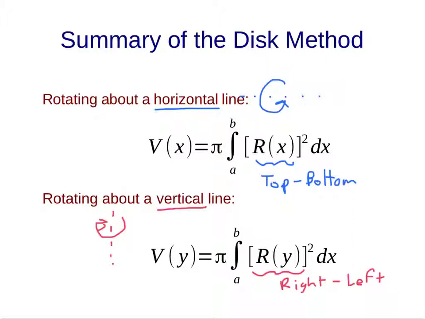But again, you have to be patient. Don't stress out and get frustrated with yourself because your three-dimensional pictures aren't perfect. All the picture needs to do is reveal to you what the radius measurement is. We're just hunting for the function that gives us our radius. Top minus bottom, or right minus left, from the curve to the axis of revolution.